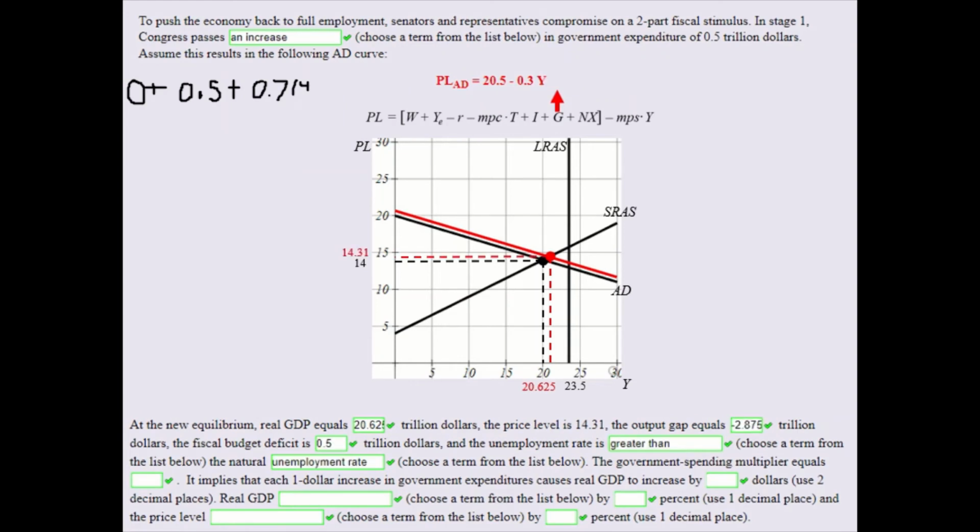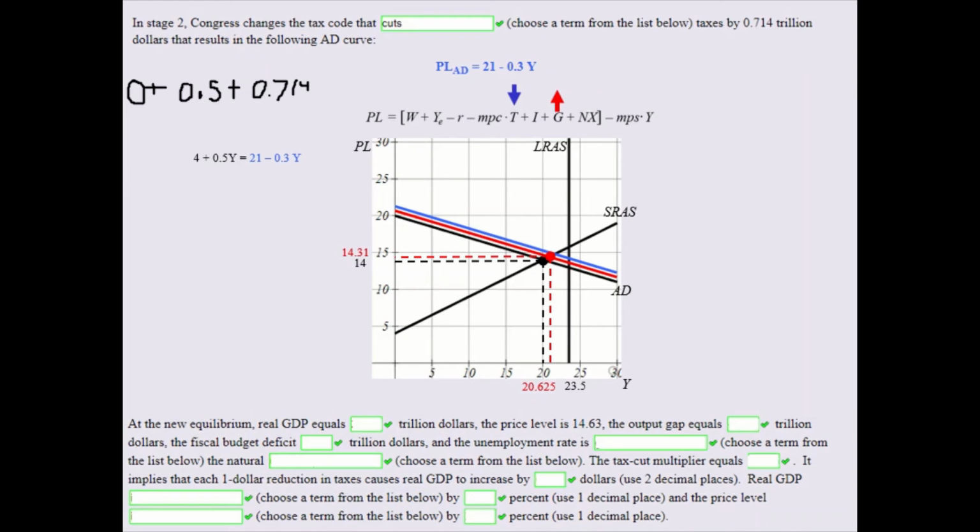So you get a muted effect here. Okay, so GDP only increases to 21.25 here, and it's a long ways away from 23.5, right?